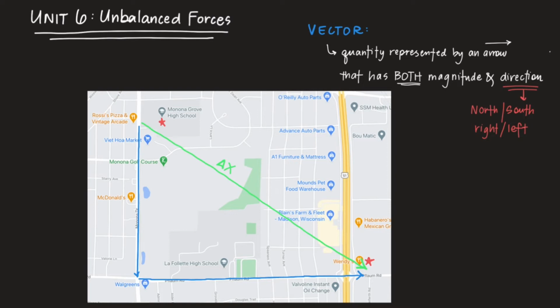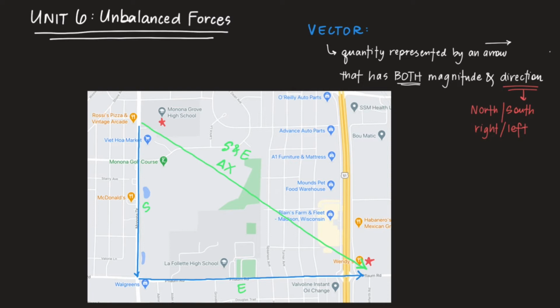I literally just said that we went south and then we went east. So our displacement is southeast of where we started. That's two different directions that we have to worry about. We went south on Monona Drive and then east on Flown. Okay, so what do we do when we see that displacement, when we see that vector in two different directions?